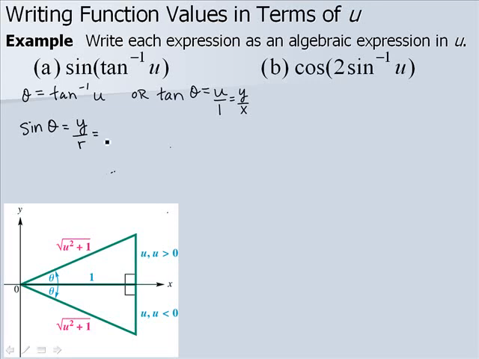So we find that the sine of theta will be equal to our y value, which is u, over our r, or hypotenuse, which is the square root of u squared plus 1. This value will be positive when u is greater than 0, and it'll be negative when u is less than 0.